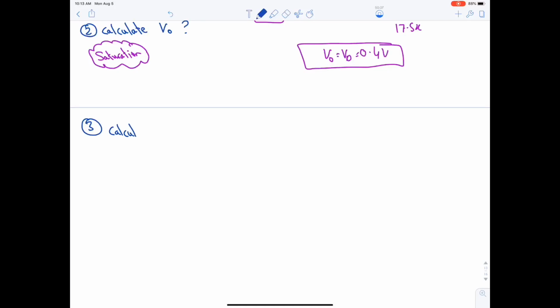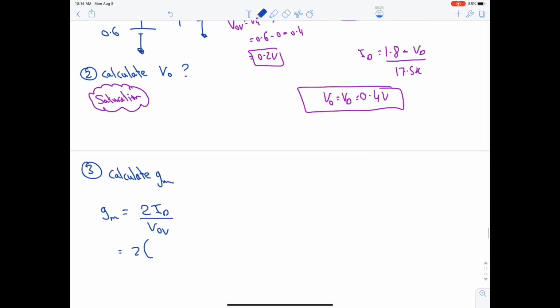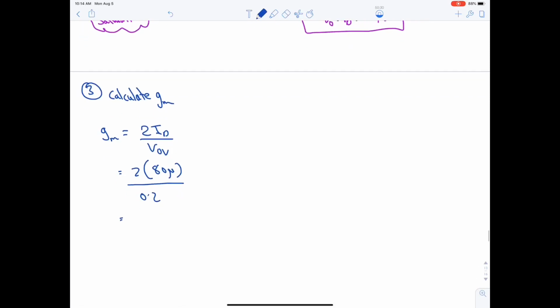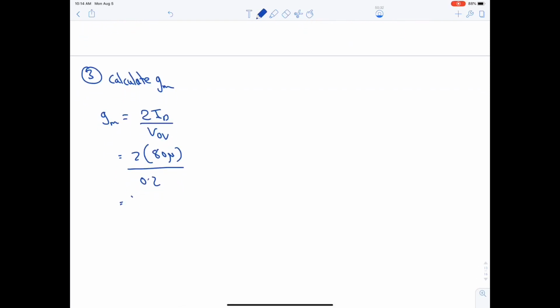Calculate gm. gm is equal to 2ID over VOV. 2ID is 80 micro over VOV, which is 0.2. This will result in 400 micro A over V.